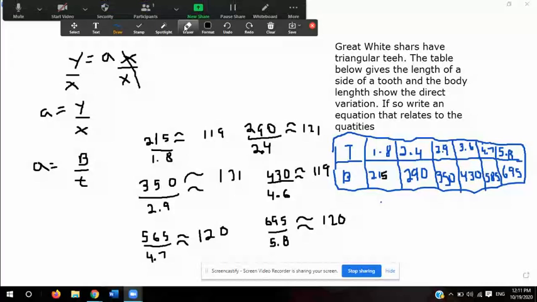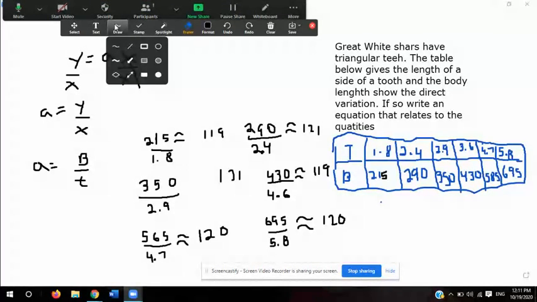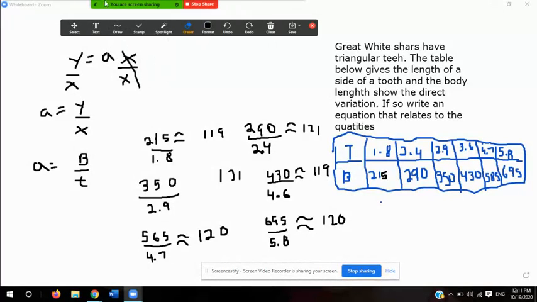So if we divide 350 and 2.9, we don't get an approximate sign. We get an equal sign. So this one is not rounded or anything like that. So that's why if you look in your book, it says equals.